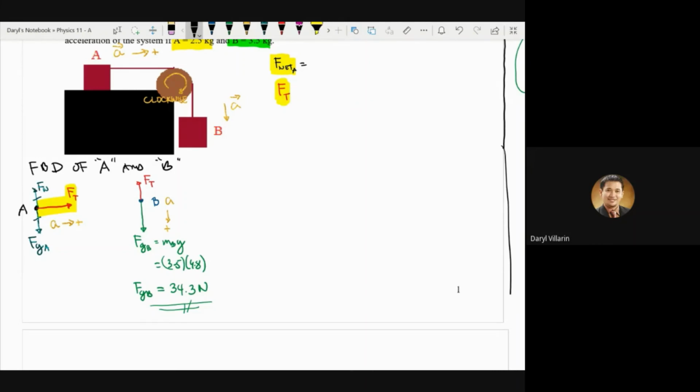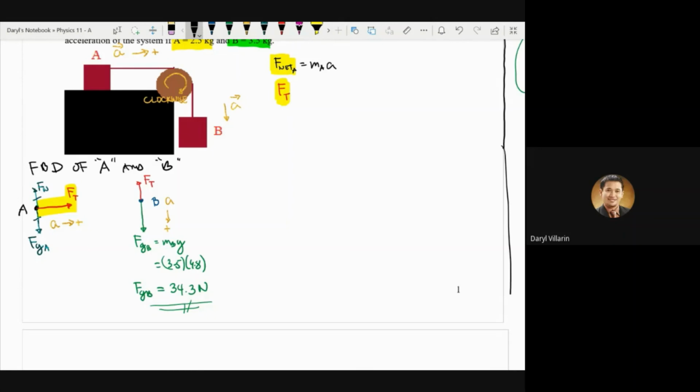And again, the net force on an object will always be equivalent to the mass of A times its acceleration. The acceleration of the two here should be the same, so I just use A because both will be accelerating at the same rate.